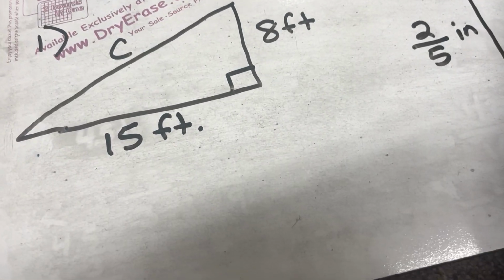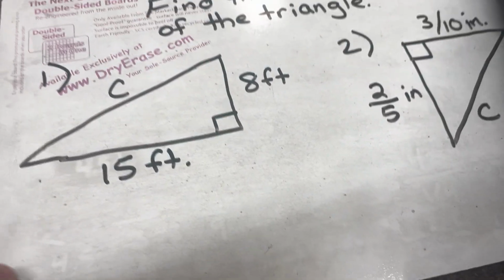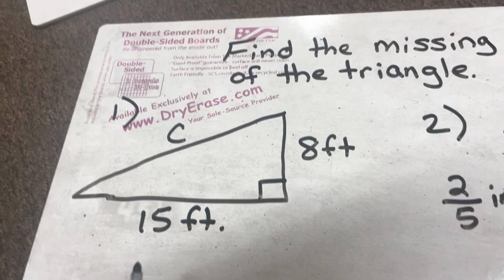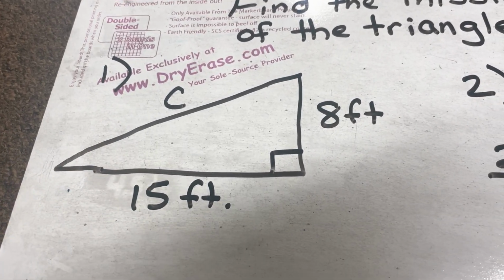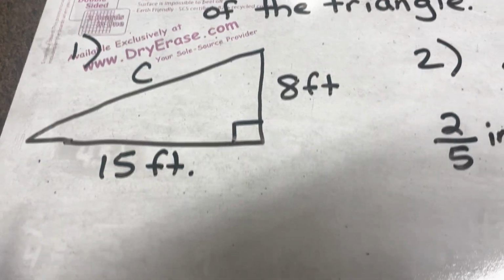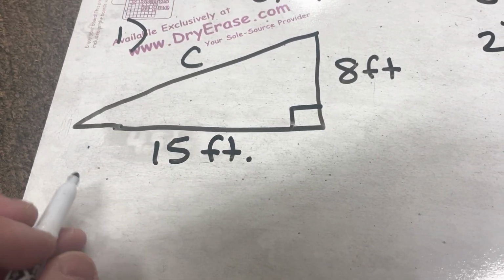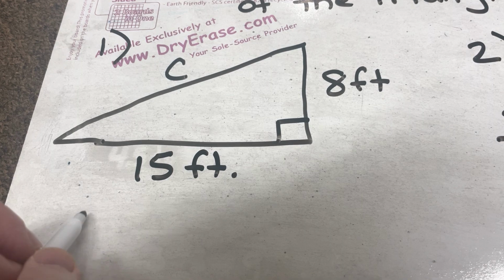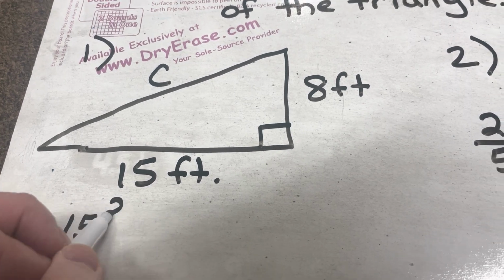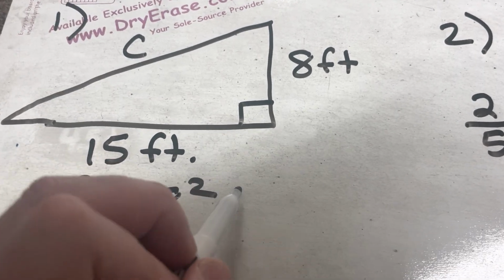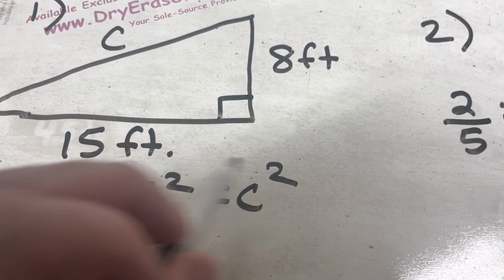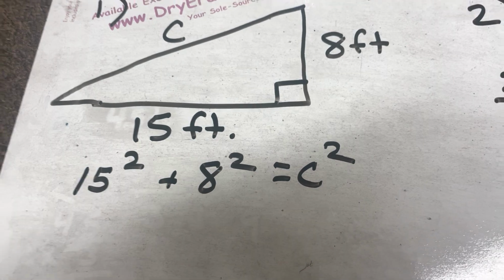So here we want to know length C, which is the hypotenuse, across from the right angle. So it's A squared plus B squared equals C squared. So what's happening here is 15 squared plus 8 squared equals C squared. That's not hard.